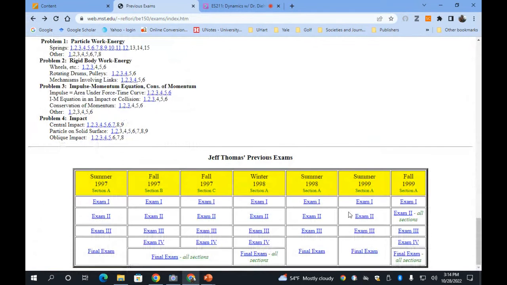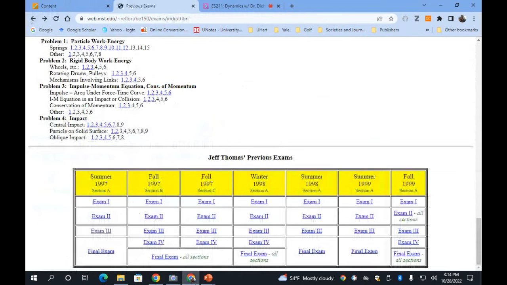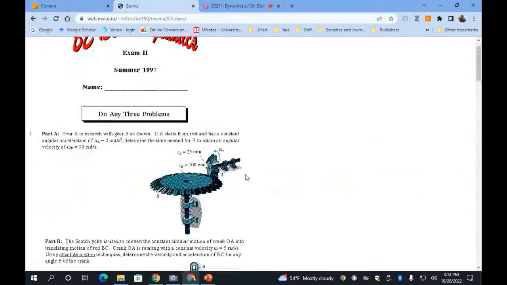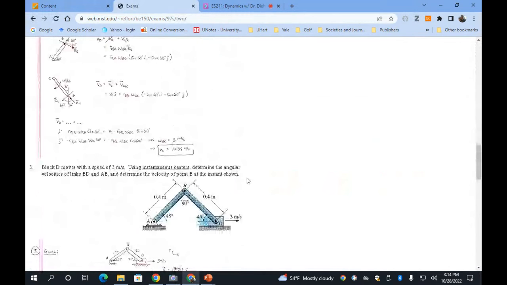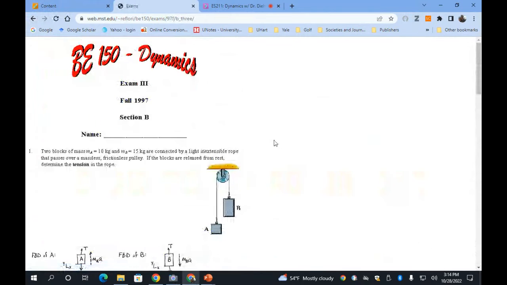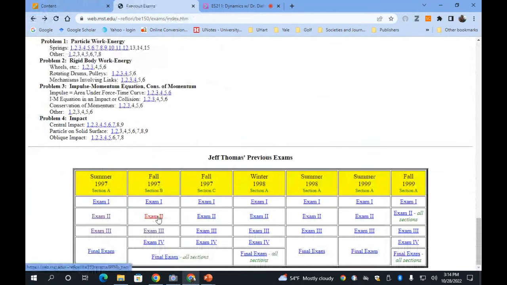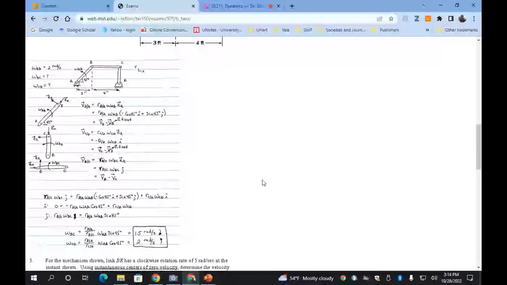I'm not gonna lie to you. It's just kind of the nature of the beast in some ways. He doesn't have recent stuff. He's old. So there's one that I think this would be exam 3, maybe exam 2. I think he did rigid bodies.